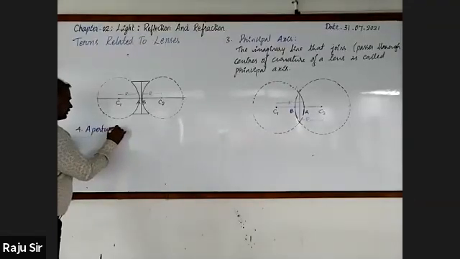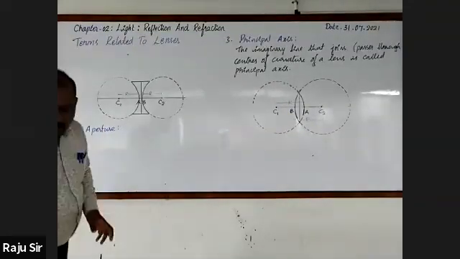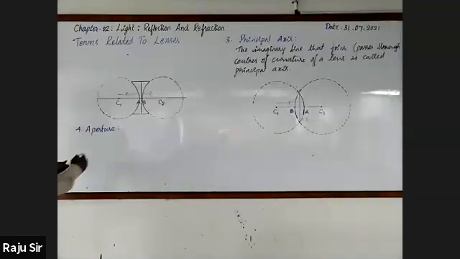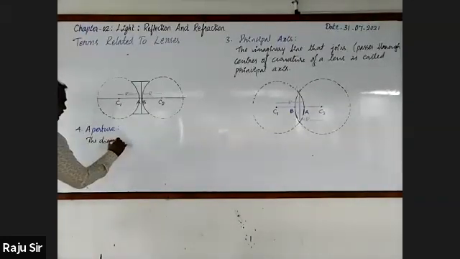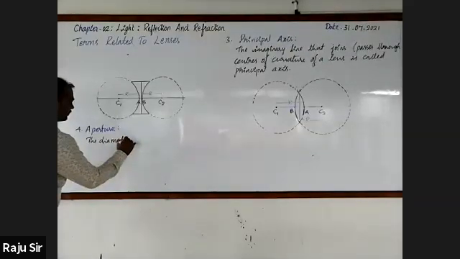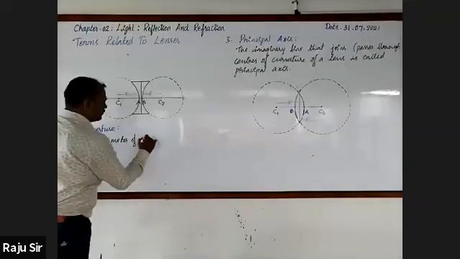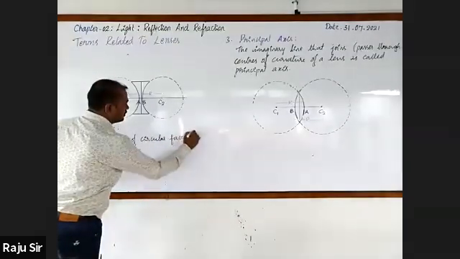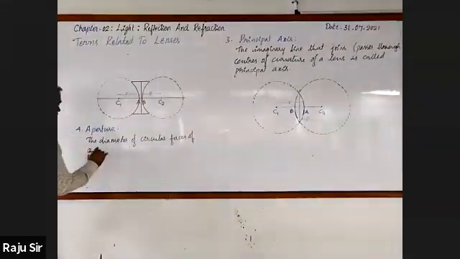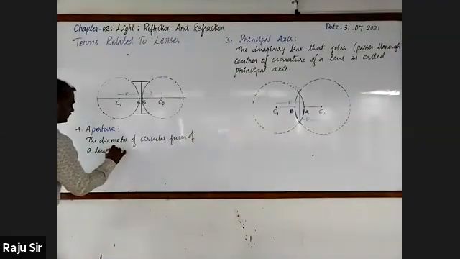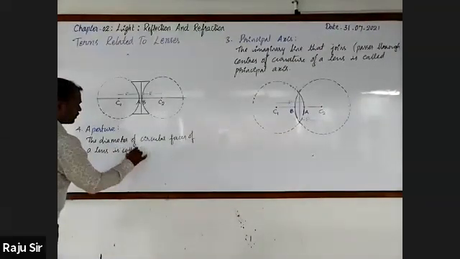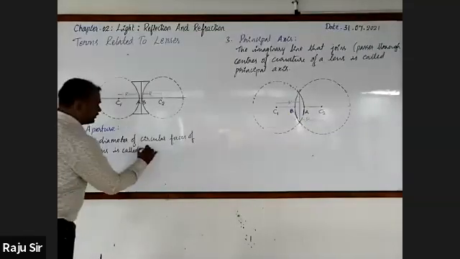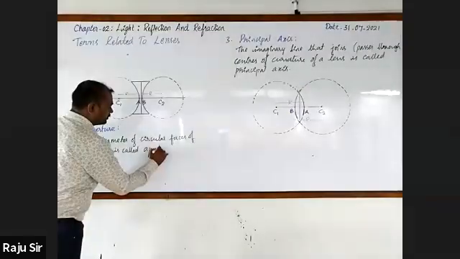The diameter of the circular faces of a lens is called aperture.